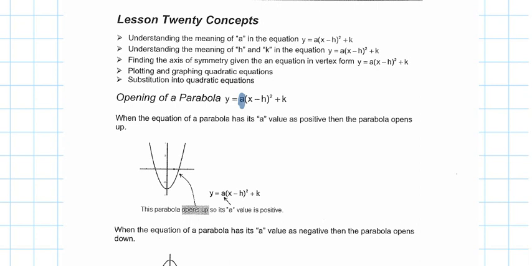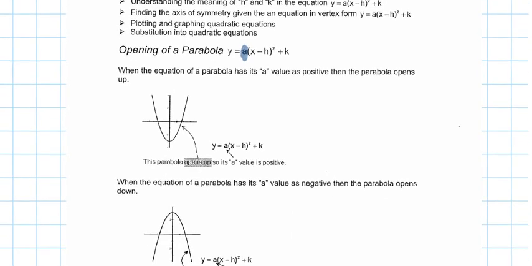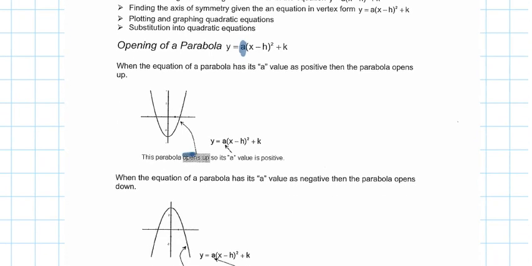We're going to look at whether it's positive or negative. If the value of a is positive, then your graph is going to open up. Positive means happy and smile.